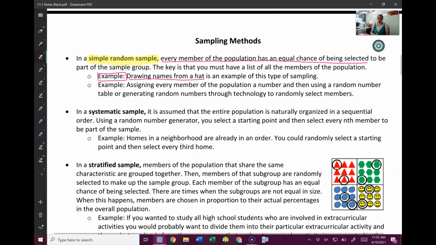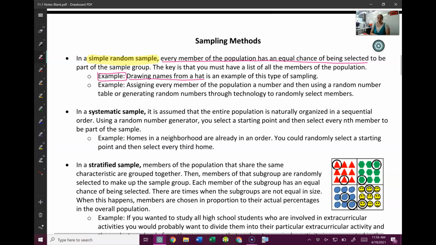Let's say my population is teen drivers in the state of Utah. Then I kind of have to go to the DMV, get a list of every single teen driver in Utah, put all their names into a hat, and then draw some. That's kind of a lot of work. However, if your population is smaller, say drivers at Mountain Ridge High School, it's a lot easier to get a list of everyone at Mountain Ridge High School and then draw a name from that.